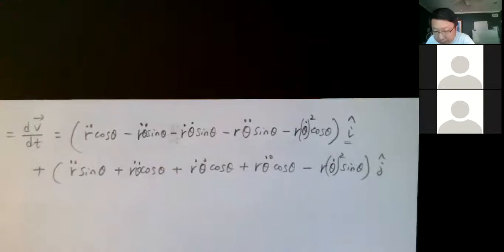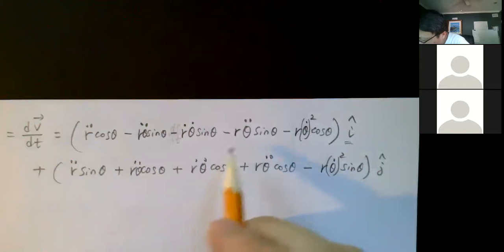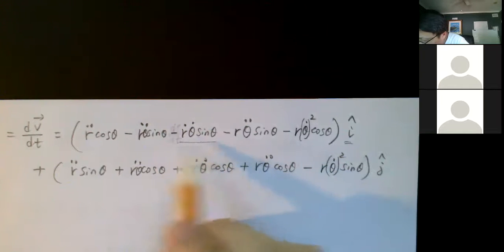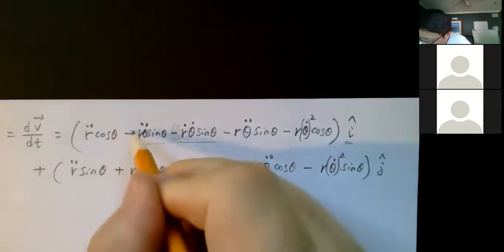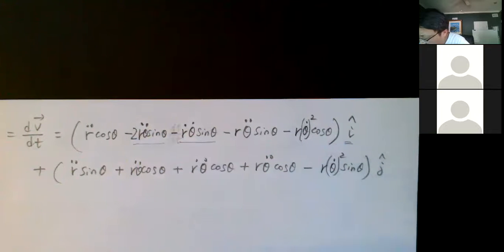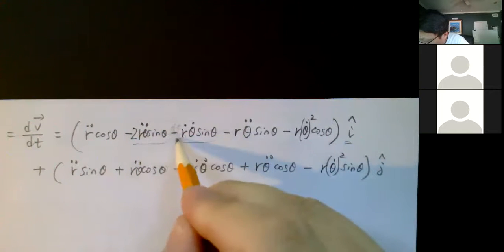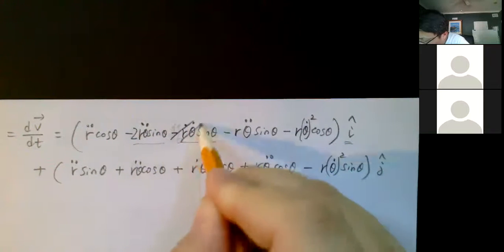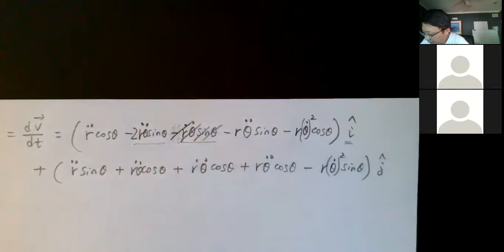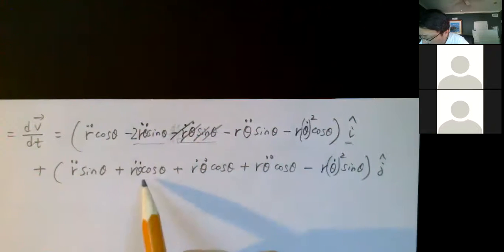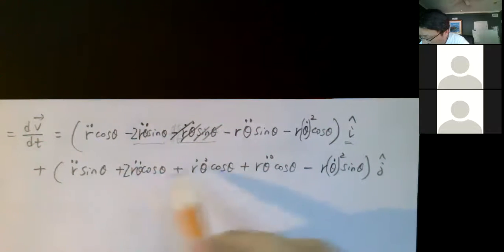This is A. Let's simplify that. I think there's something that can be simplified. Let me see. Yeah, those two are the same, so basically become 2. Then we can cancel 1 out. Those 2 are also the same, become 2.